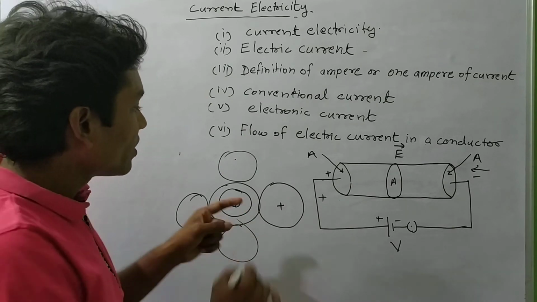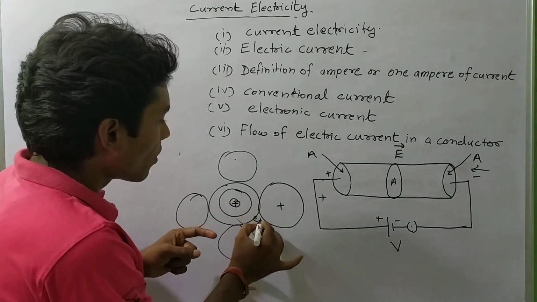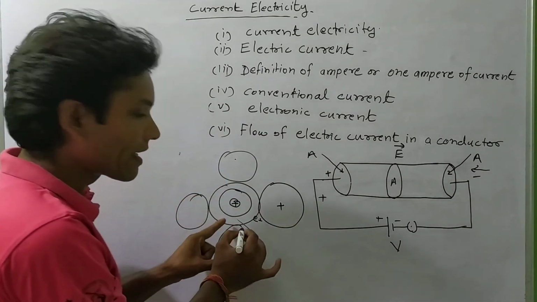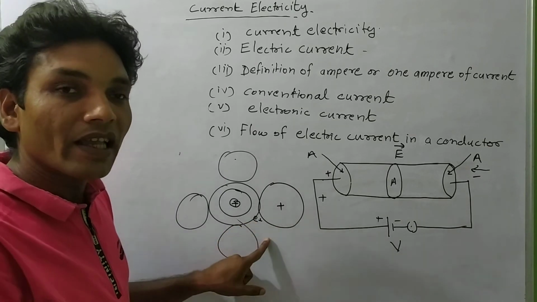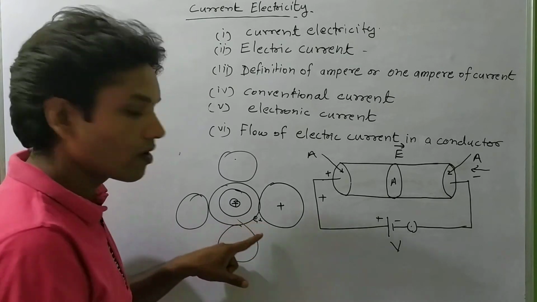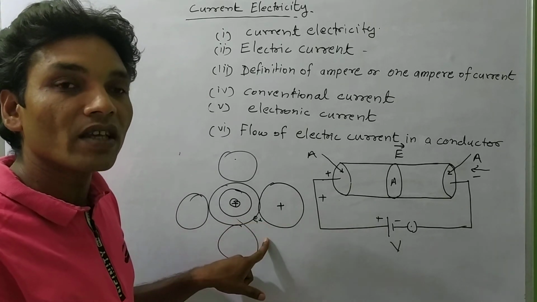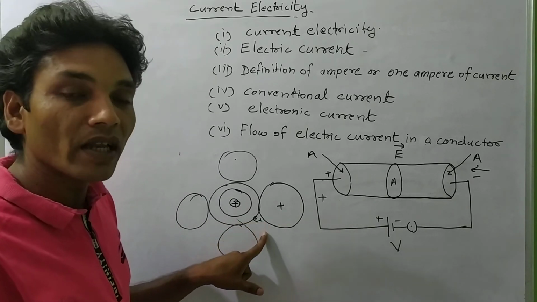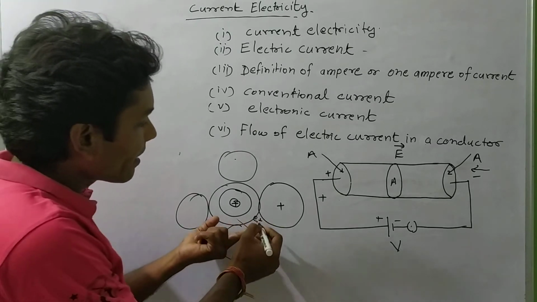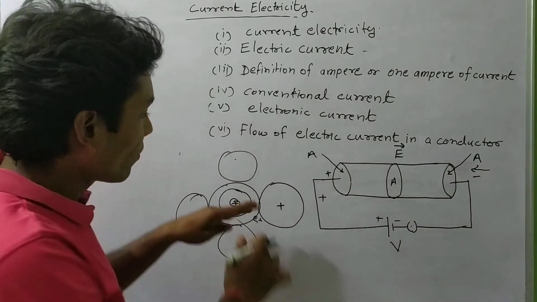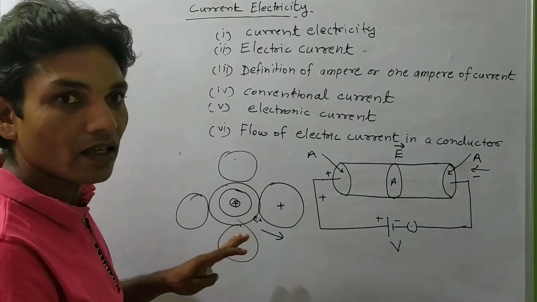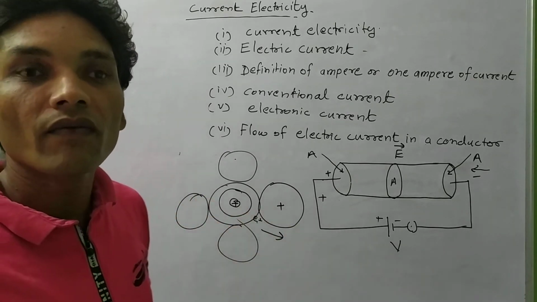That's why these electrons revolving in the outer orbits of an atom experience an electrical force, and the electron will not remain there for long. This electron can be detached from the atom and can move freely in the volume of the conductor.